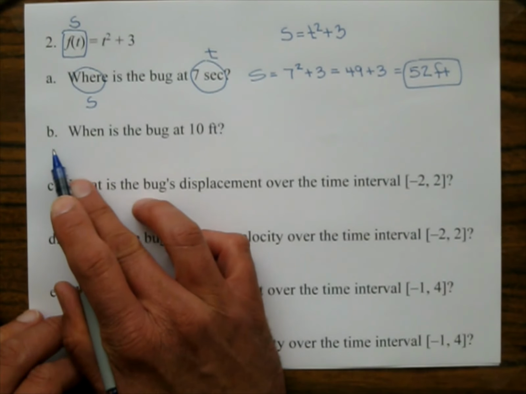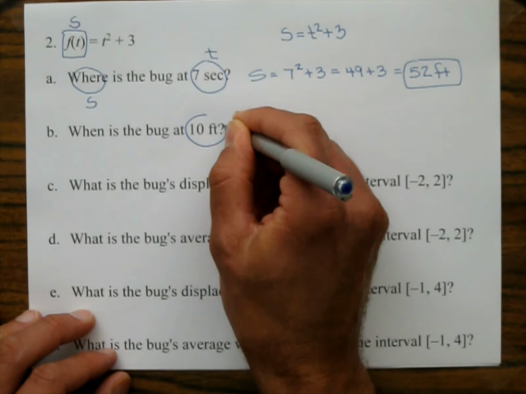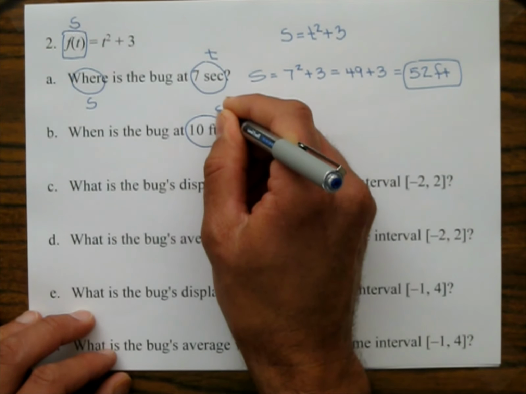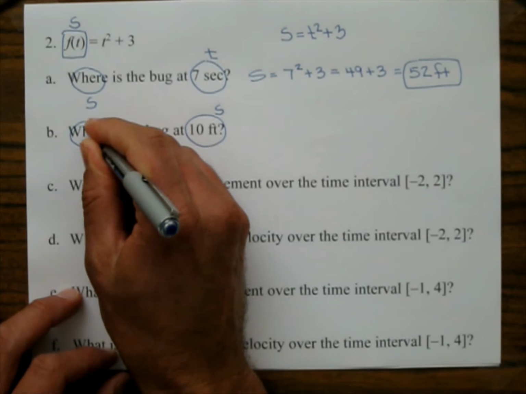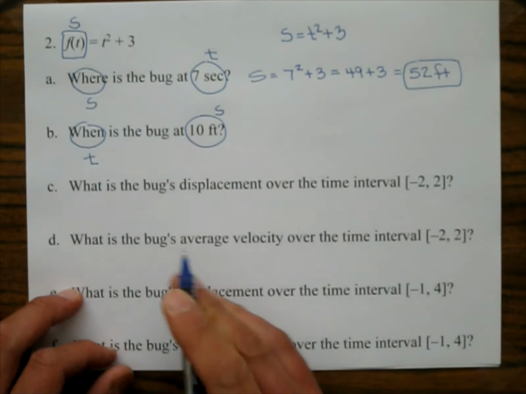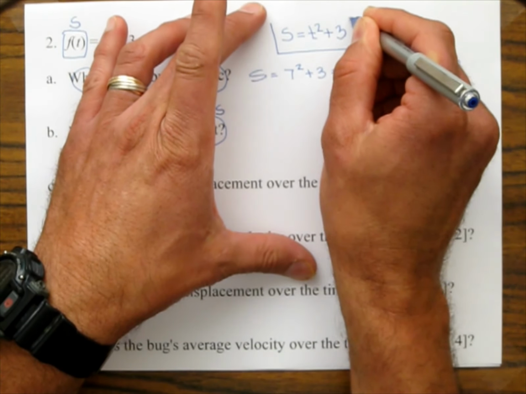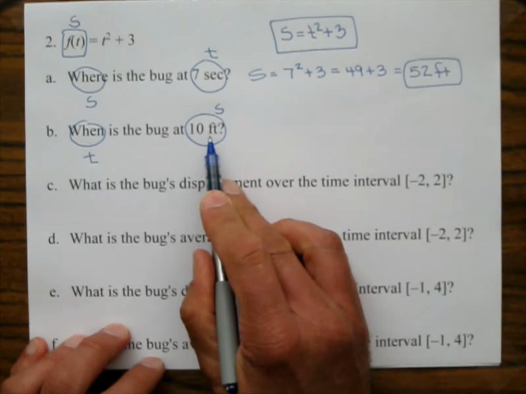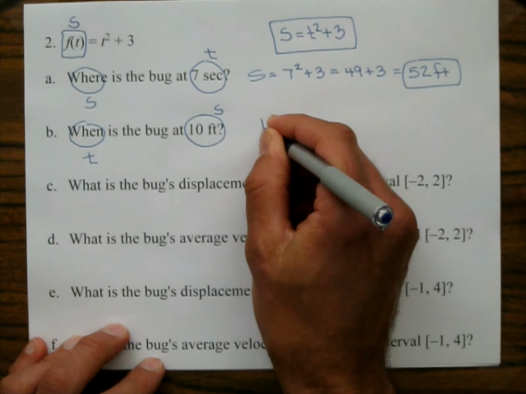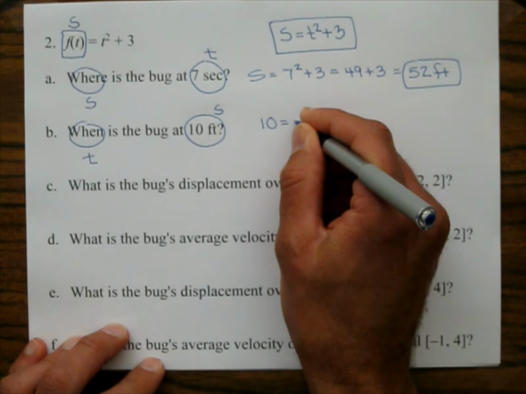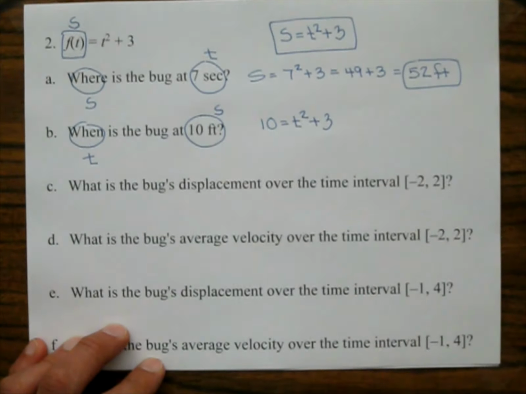Okay, part B. When is the bug at 10 feet? 10 feet happens to be a position, s. And they're looking for time. So what we're going to do is, let me put a box around this up here so we don't lose it. Now we're going to put 10 in for s and find out what t is. So this is 10 equals t squared plus 3.